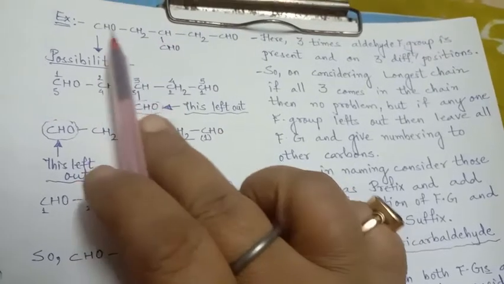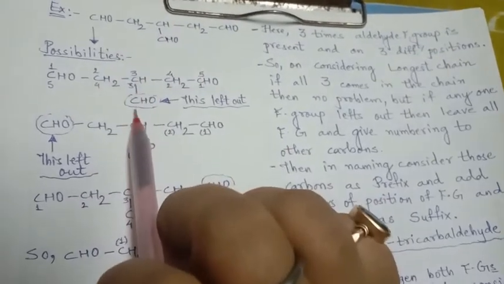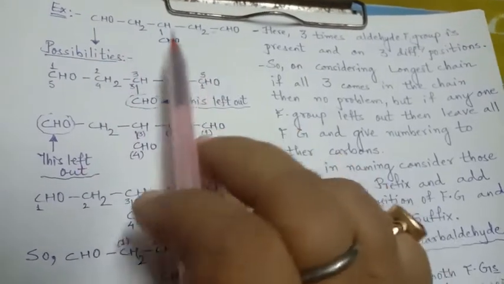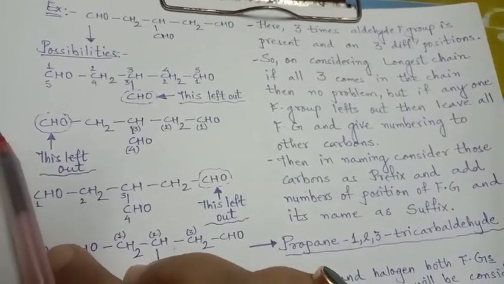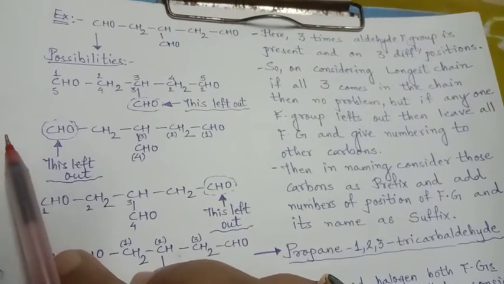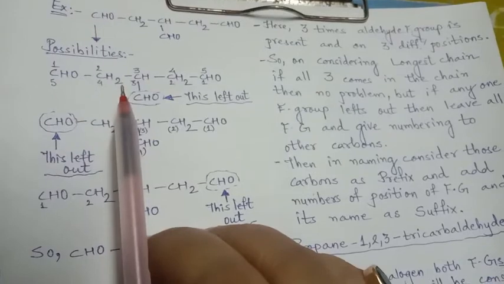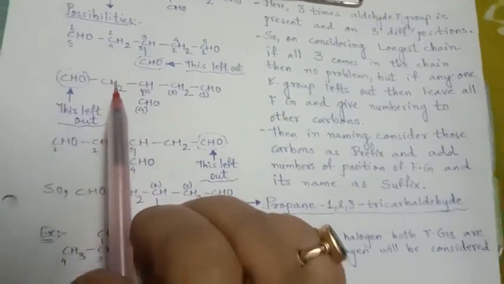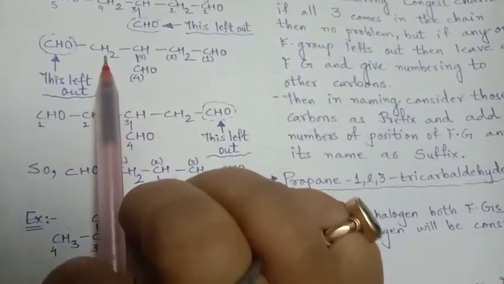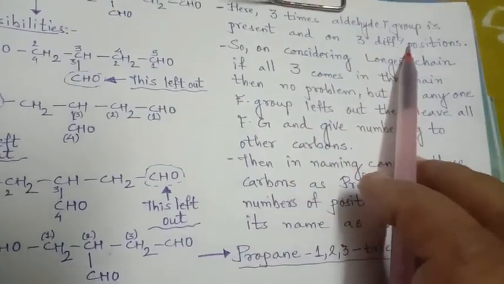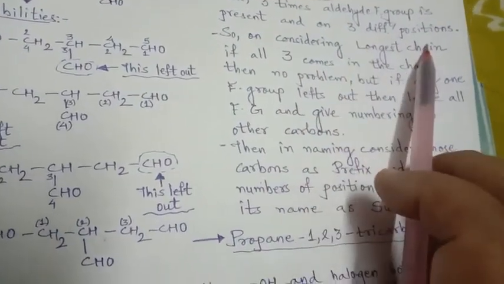But if all the three do not come in the chain, and if any of the one functional group is left out, then the numbering is to be given in a different way other than which we have discussed till now. And then accordingly we have to give the name, right? So here there are 3 times aldehyde group on 3 different position.